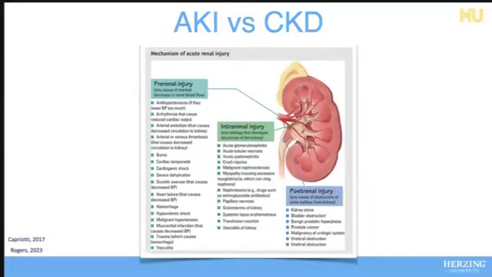Now, nephrotoxic injury is a major cause of ATN, or acute tubular necrosis. Certain drugs, like contrast dyes, we have to be very careful with. NSAIDs can accumulate in and directly damage the epithelial cells of the renal tubules, especially the proximal convoluted tubules.